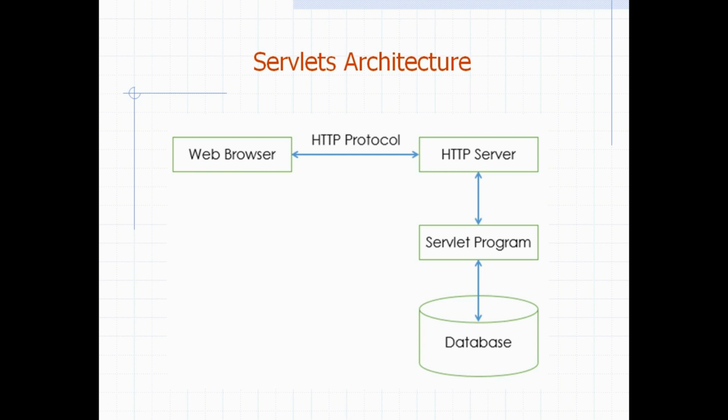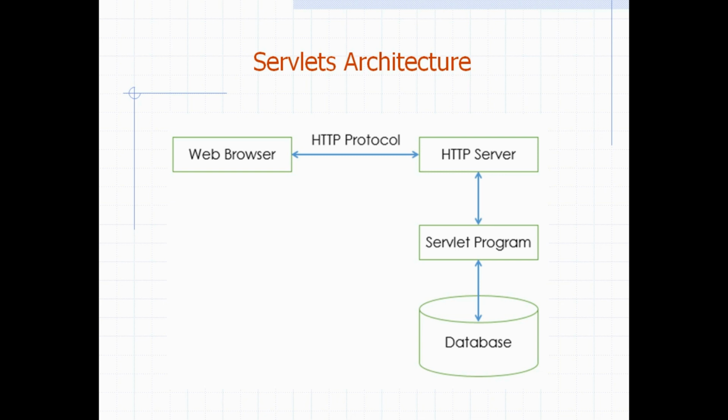Remember, the web browser hits a URL. By entering the URL, the request is sent through the HTTP protocol to the HTTP server. The HTTP server is responsible for handling the request coming from the web browser, and it checks the HTTP headers.